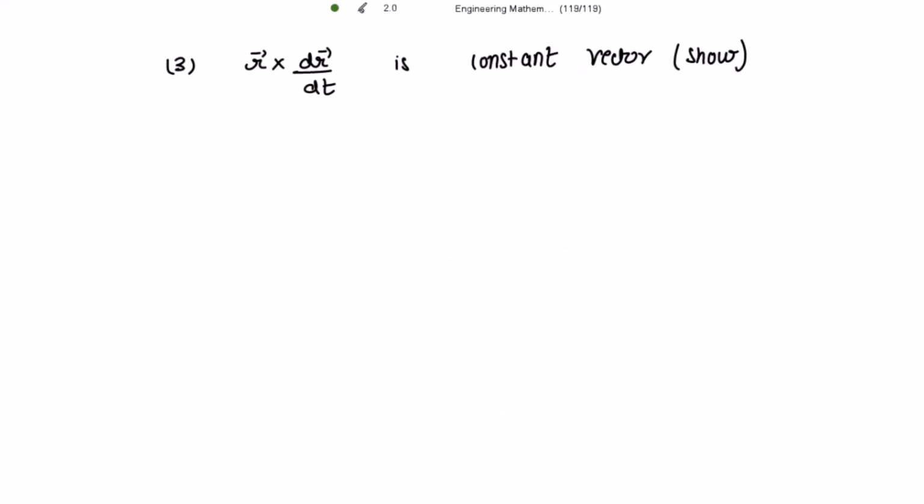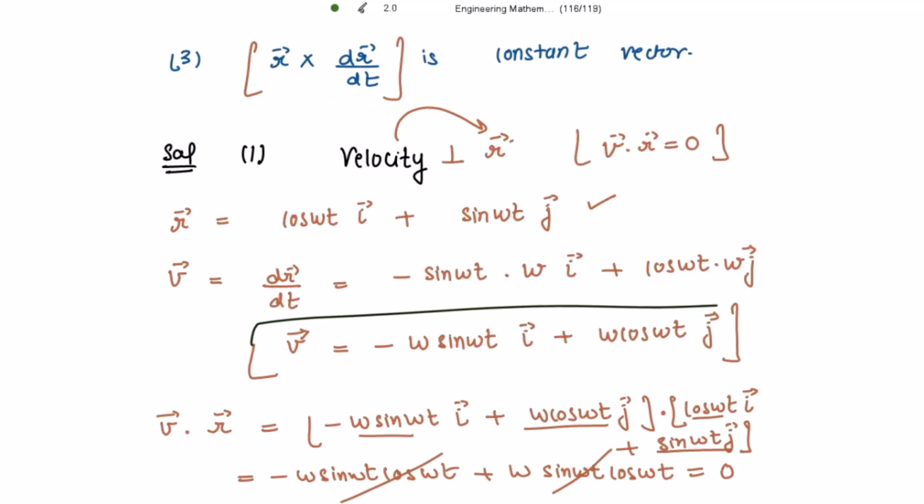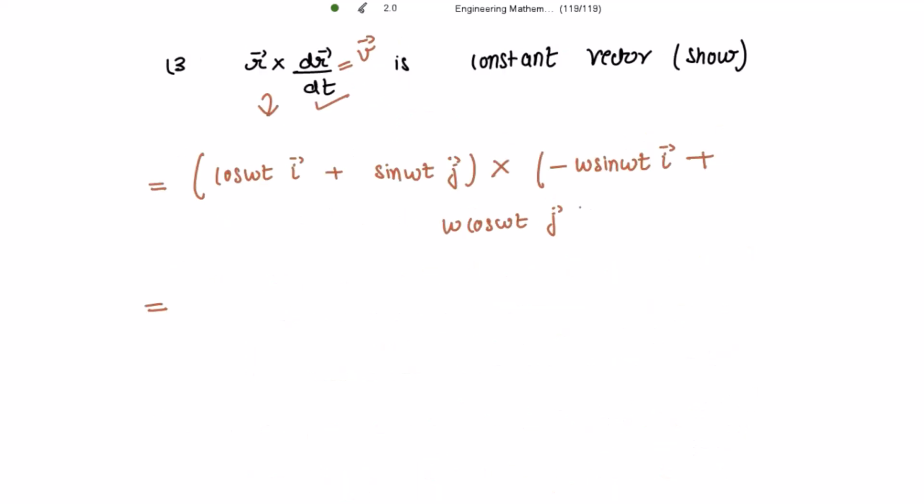Third, to find the cross product of these two, the value should be a constant value, right? What is the r vector? It is cos wt i vector plus sin wt j vector, taking its cross product with dr by dt, that is velocity, this one. Now the cross product of i vector with i vector is always 0.